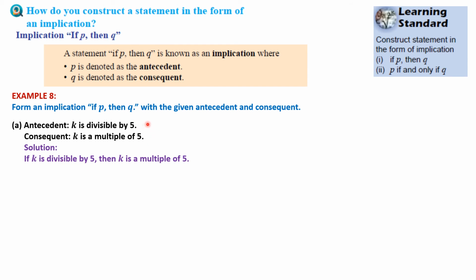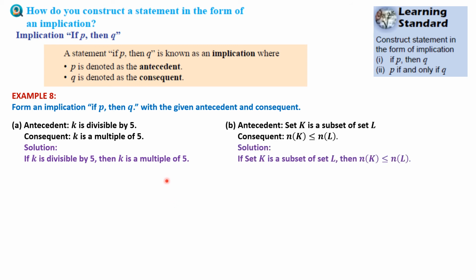If K is divisible by 5. The first one, you copy down the antecedent first: if K is divisible by 5, okay, comma, then you copy down the consequent here: then K is a multiple of 5.